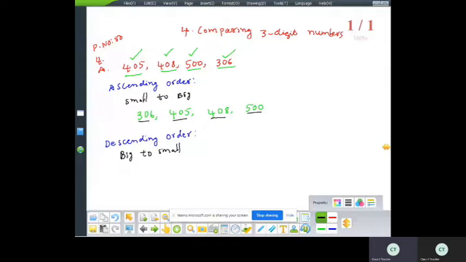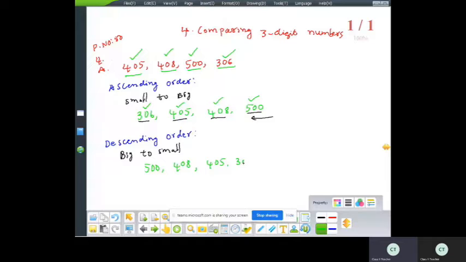See, 500. Next, 408. Next, 405. And the final number, 306. This is called descending order.